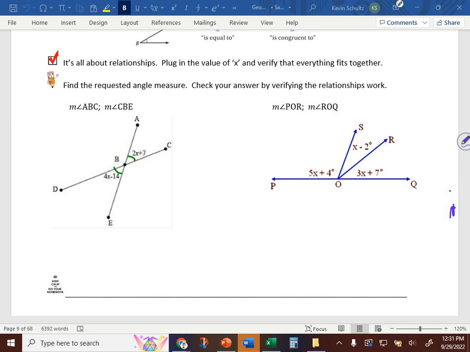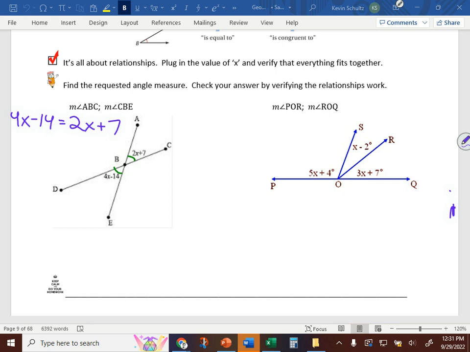Then I'm off. I'll come back to you for the second one though, because you're on the right track. Bryn. 4x minus 14 equals 2x plus 7. Yes, knowing these angles are congruent, that means their measures are equal, they are the same. So we can set them equal to each other, and it all goes back to knowing what vertical angles mean, right?